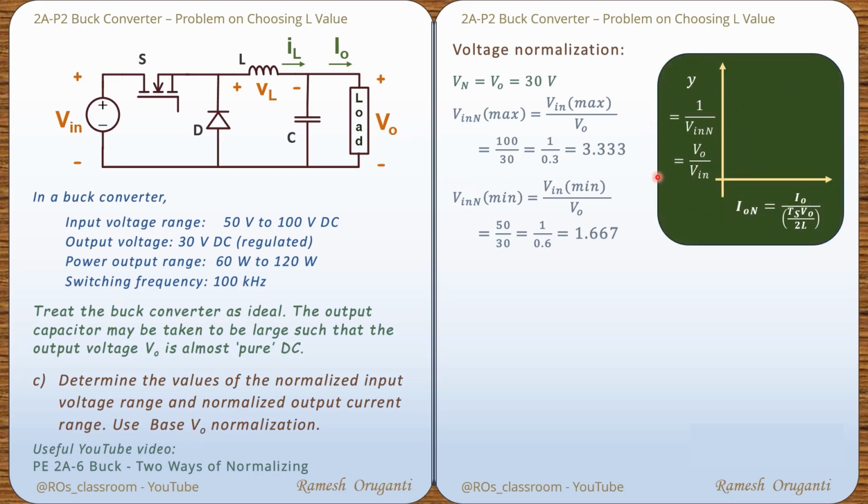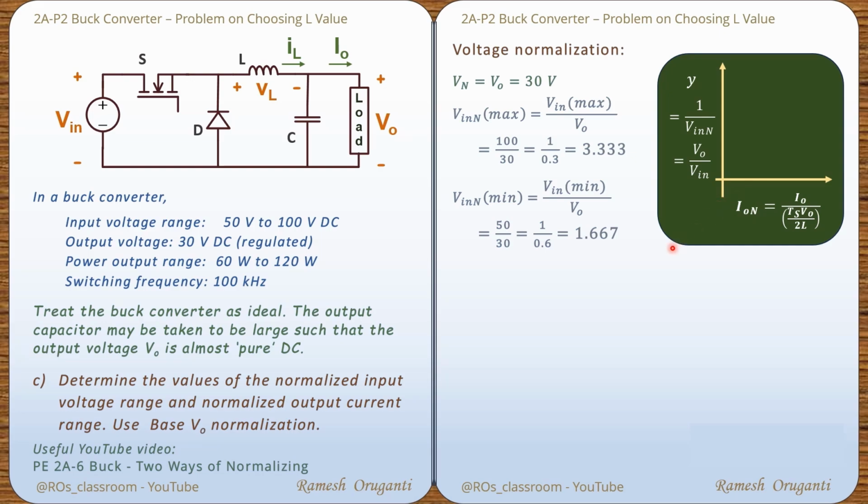So it is convenient to plot the gain of the converter versus ION, the normalized current. So we will introduce a variable y equal to 1 over V in N, and we will plot y versus ION. So we can calculate the y max value and the y minimum value.